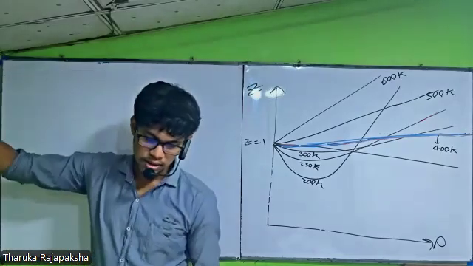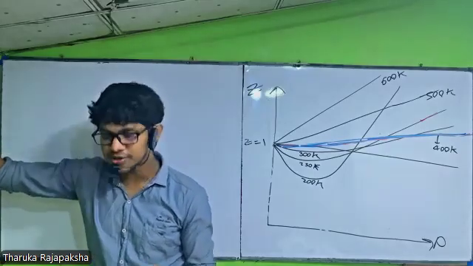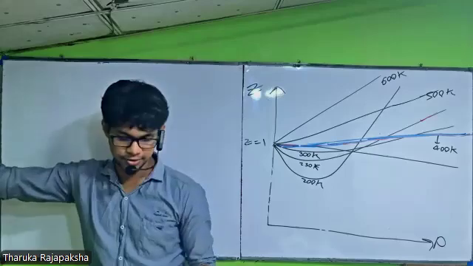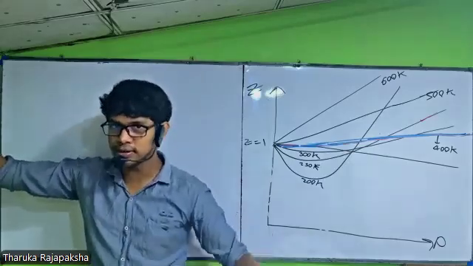Hence, higher temperature and lower pressures helps come closer to ideal behavior. Highlight that one also. High temperature and low pressure makes the real gas go closer to ideal behavior.